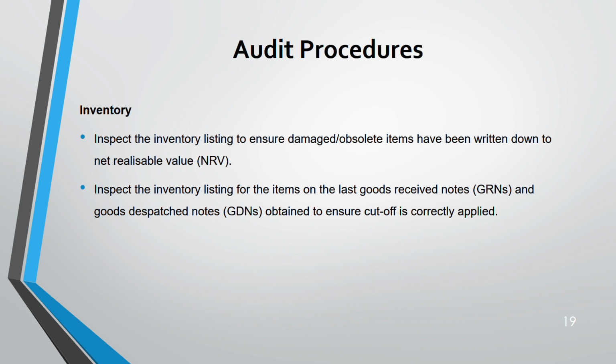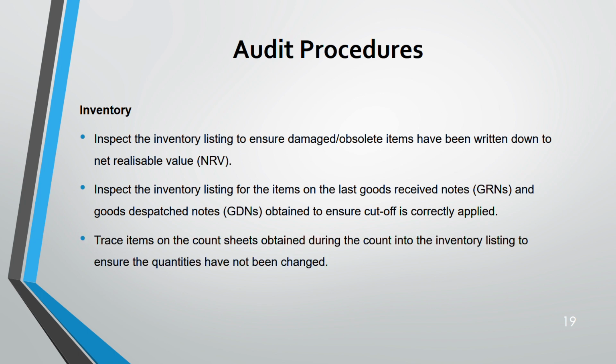Then inspect the inventory listing again for the items on the goods received note and goods dispatched note, GRN and GDN, because through this you can ensure the cutoff is done correctly.